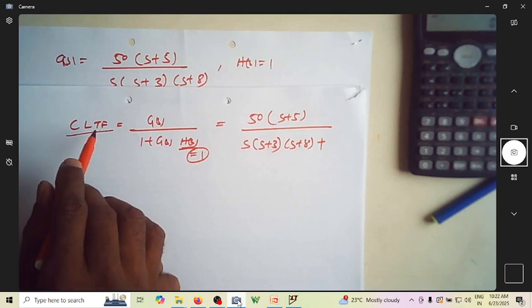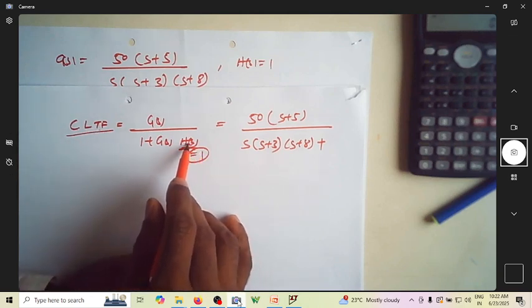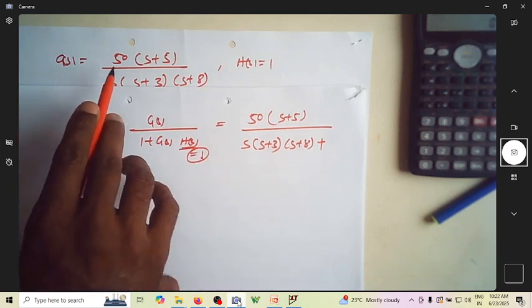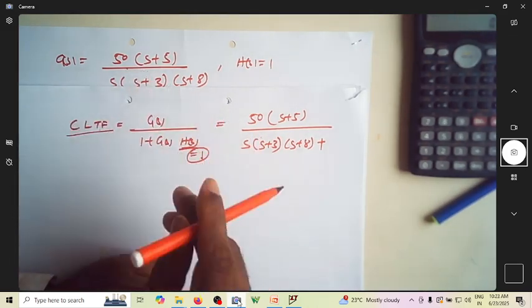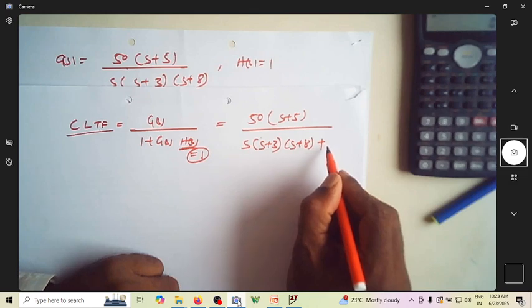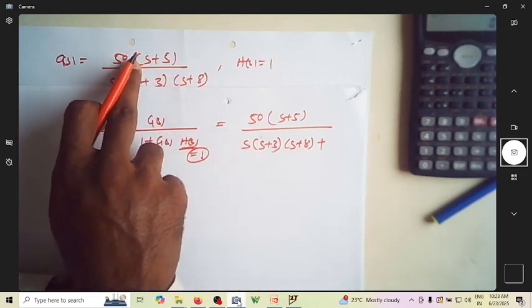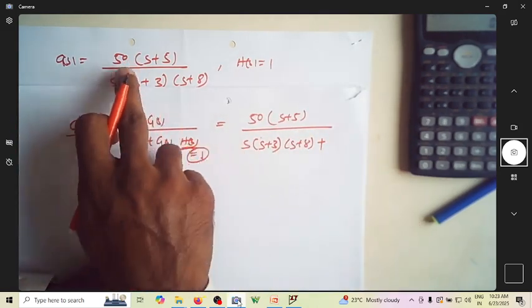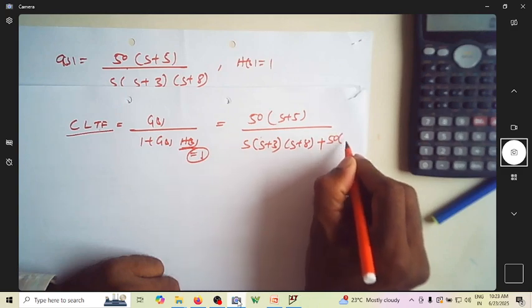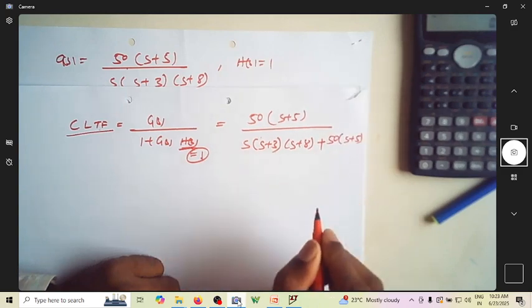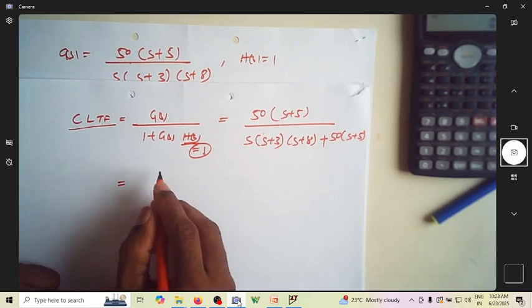Closed loop transfer function of a system when it's a unity feedback is nothing but open loop transfer function, write it as it is. You add one extra term in the denominator, which is nothing but H(s) multiplied by the numerator. So H(s) is 1. What is numerator? It is 50 into (s plus 5). So now can I simplify this?